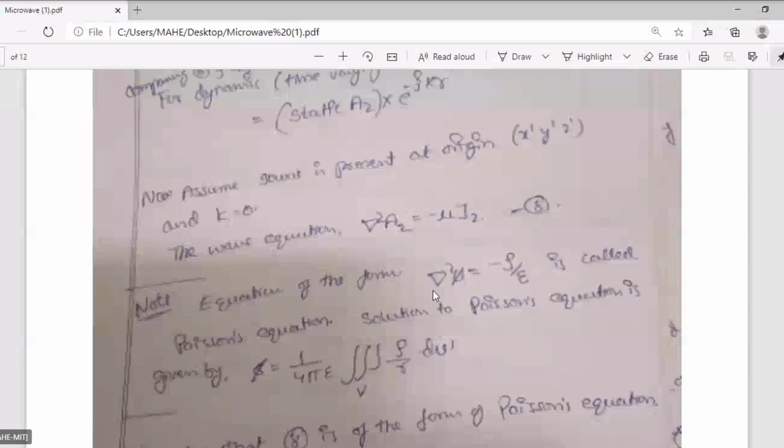What is the expression for V, the electric scalar potential, for a point source, point charge Q? What is the expression for absolute potential around a point source?